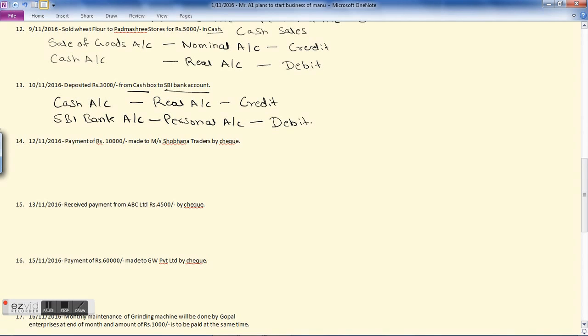Whenever this type of entry is there, where cash and bank account are involved, like deposit of cash or withdrawal of cash, these types of entries are known as contra entry. Now let's pass an entry. What is the entry? SBI bank account debit to cash account, amount is 3,000.